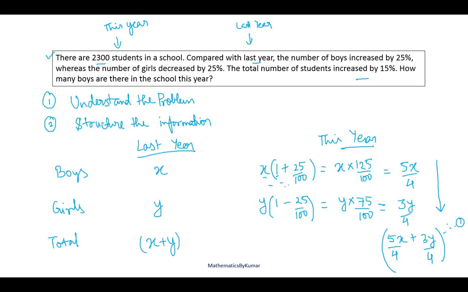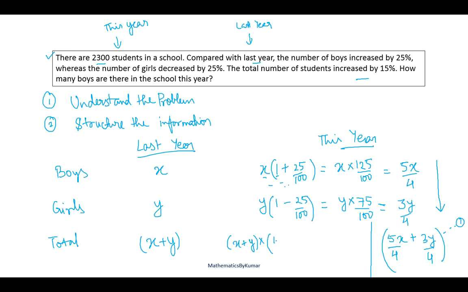Another way of solving the same thing is using another piece of information that has been provided to me. I also know that the total number of students has increased by 15%. So I had x plus y students last year.